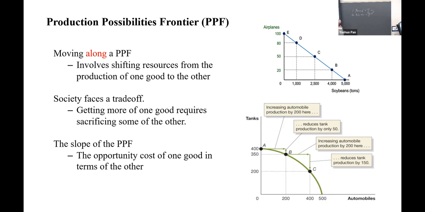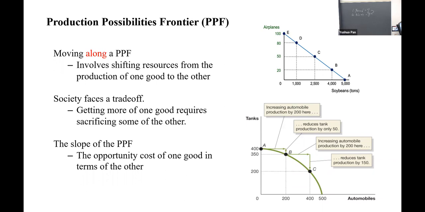So for the straight line, with a fixed constant opportunity cost, the opportunity cost will not change. It will always be the same. But again, for the bowed outward curve, the opportunity cost is different.